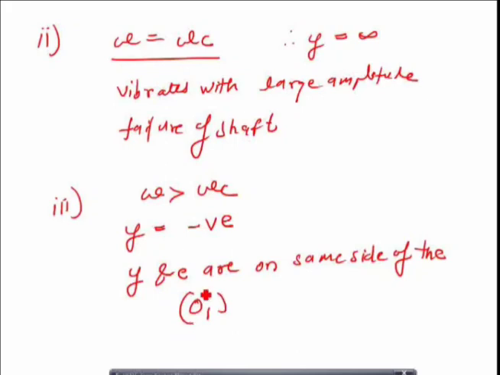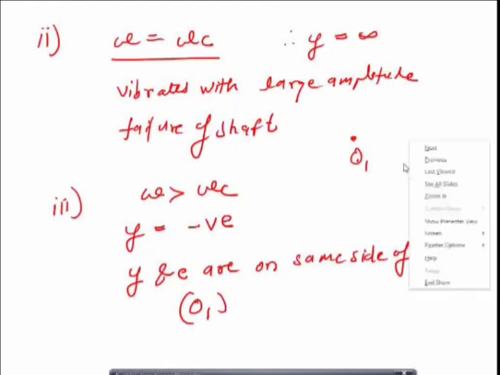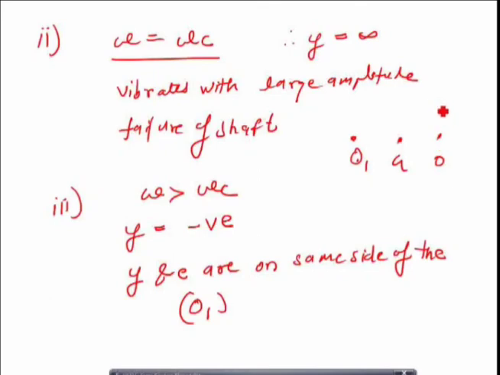So O1 is not in between y and e, as I said before. It will be like this: O1 will be here, this is the point G, and this is the point O. The distance between O and G is e, and the distance between O1 and O is y. So y and e are on the same side of O1.